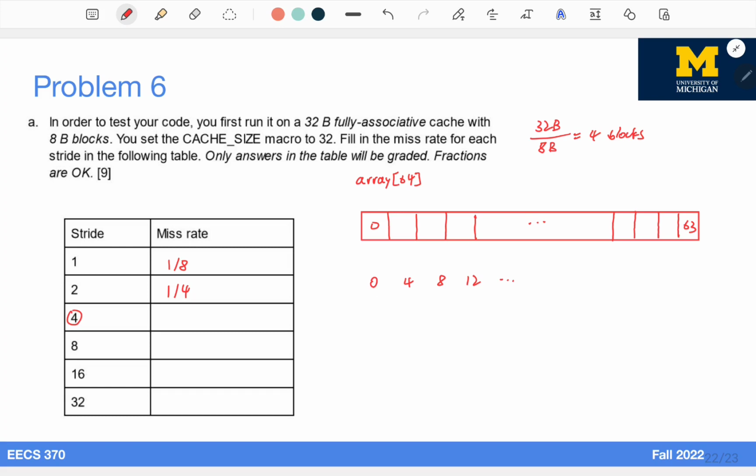In the second iteration, it accesses 1, 5, 9, 13. In the third one, it accesses 2, 6, 10, 14. And finally, it accesses 3, 7, 11, 15, and so on. So in every inner iteration, it still accesses 8 blocks each time.